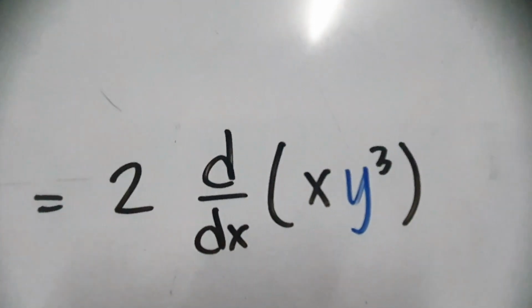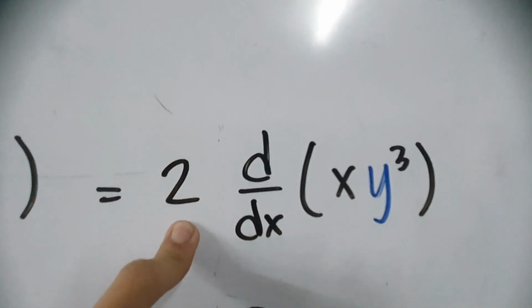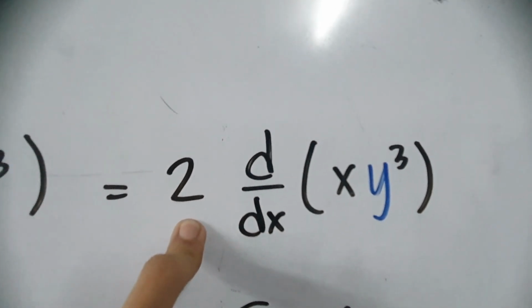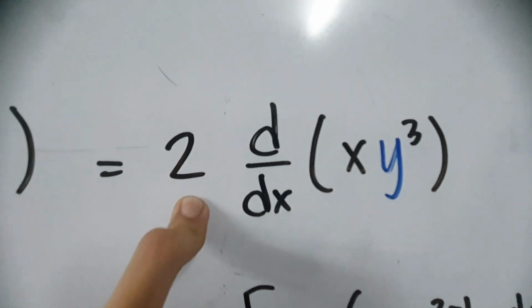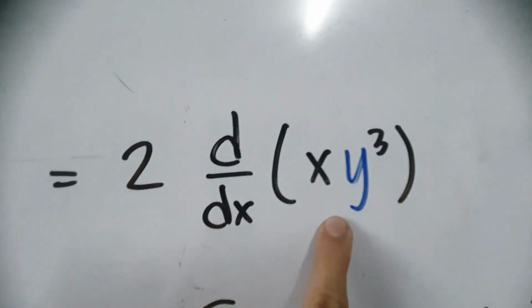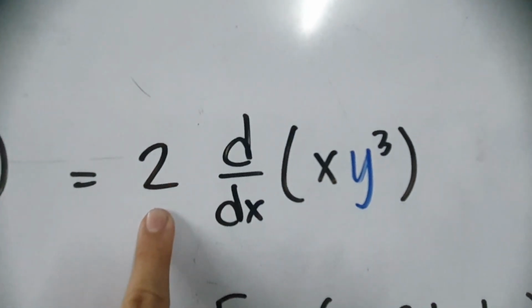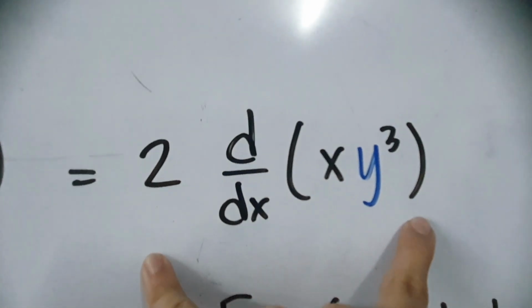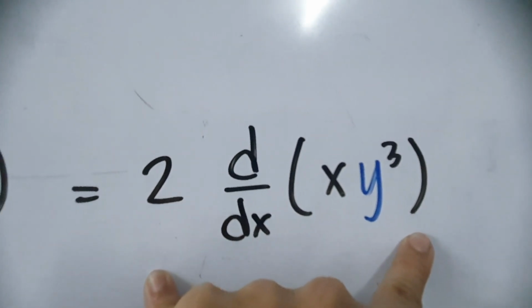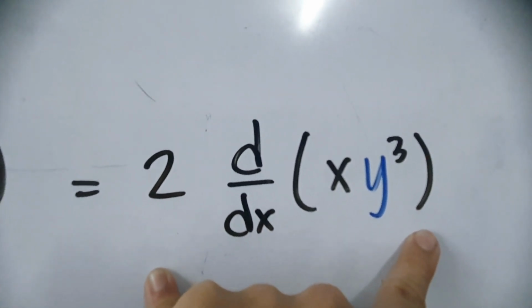We've isolated 2 outside because that is a constant multiple rule. When we say constant multiple rule, we just copy the constant and derive the function. This is our function, this is our constant. So we better write it in this manner to have a clearer view of what we're going to do next.